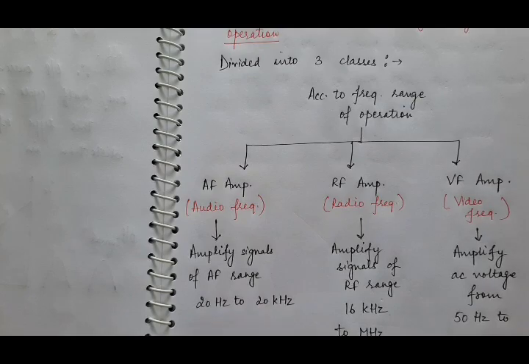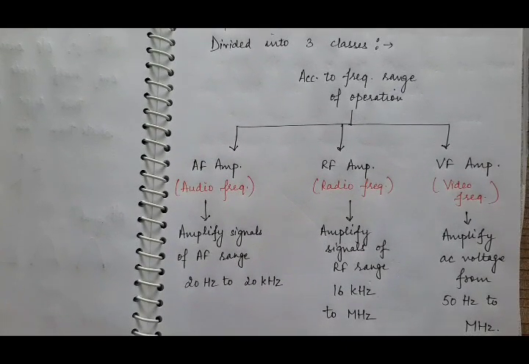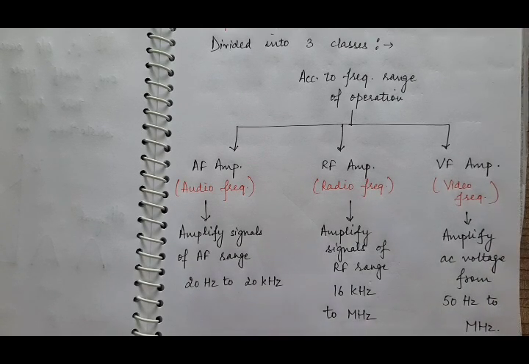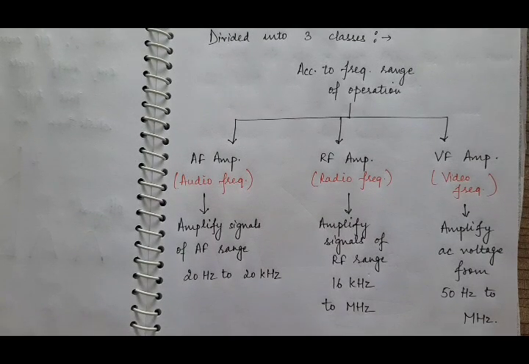Then radio frequency amplifiers are used to amplify the signals having frequency lying between 16 kHz to several megahertz. And the video frequency amplifiers are used to amplify the AC signals having frequency lying between 50 Hz to several megahertz. So this is the classification of transistor amplifiers based upon the frequency range.